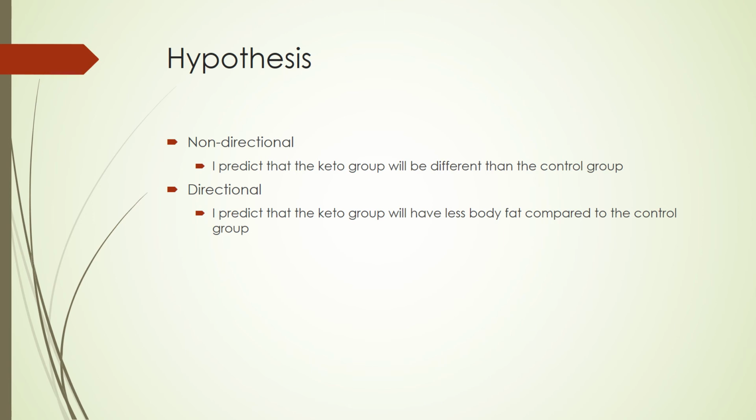Now, in your particular group, I can help you figure out which way it's going. A directional hypothesis would be: I predict that the keto group will have less body fat than the control group. Here, I'm going to draw something up really quick.